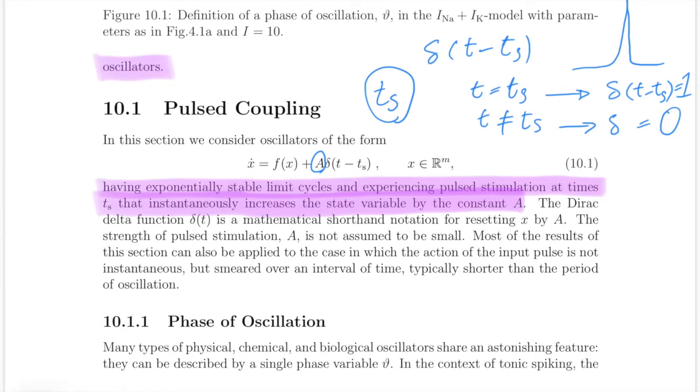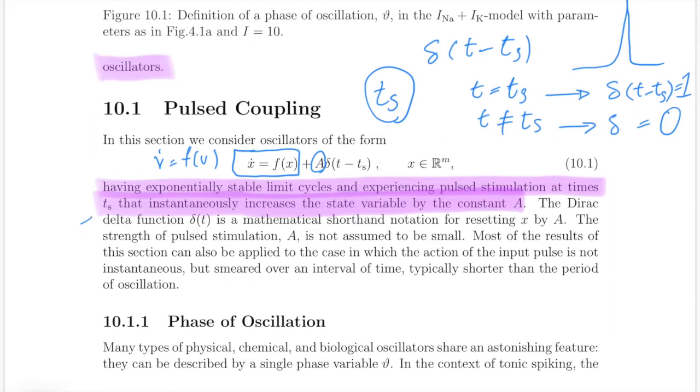Having this equation, it still has the main part which we have in our dynamical systems. You can use it for V, right? For membrane potential, for instance. And it has an exponentially stable limit cycle, which exhibits tonic spiking and experiences pulsed stimulation at time ts.